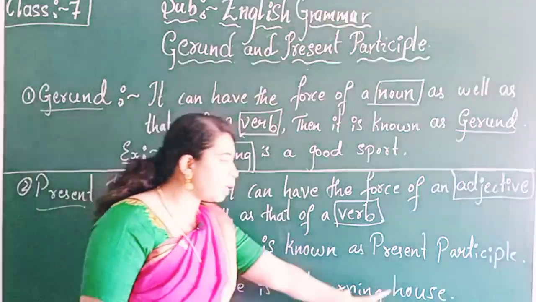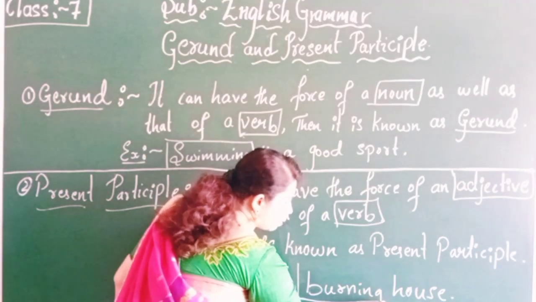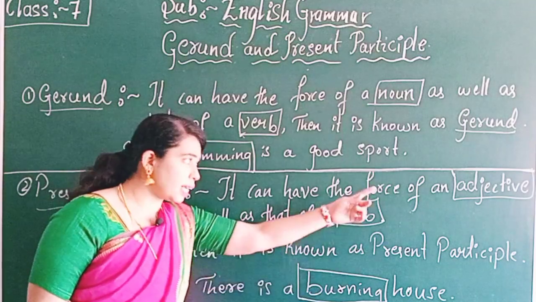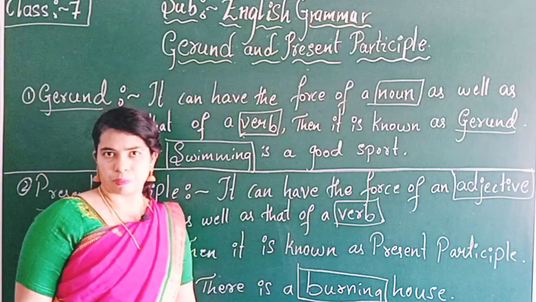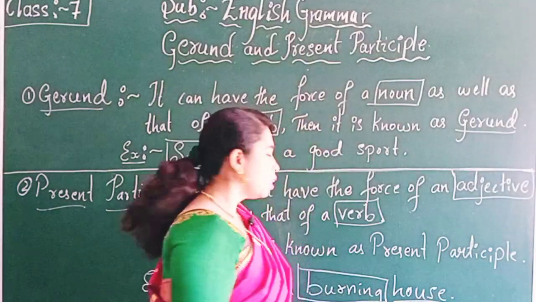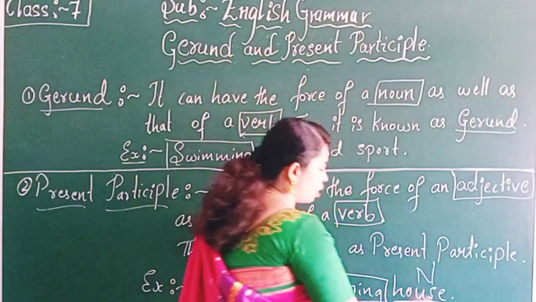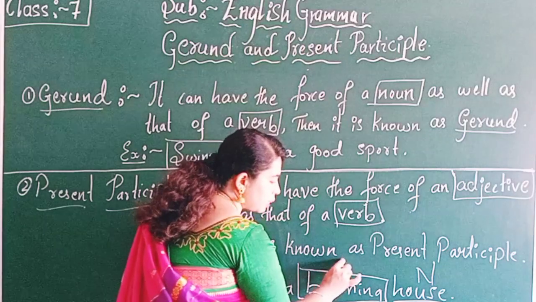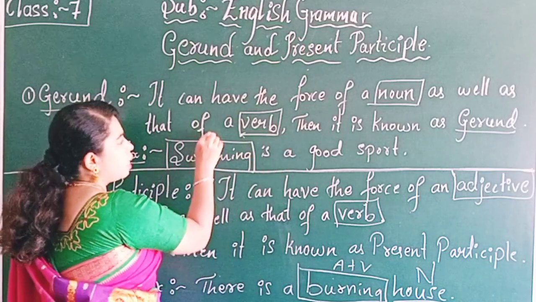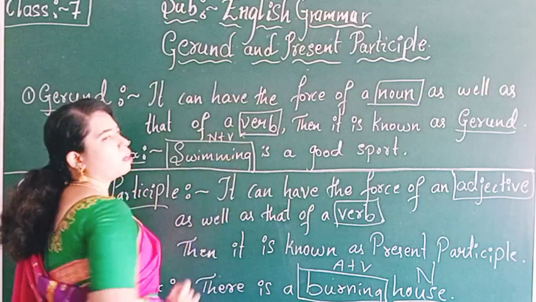There is a burning house. You can observe the burning here. This is an adjective with verb. The noun is different here; house is the noun. So burning acts as adjective plus verb. Here swimming acts as noun plus verb.